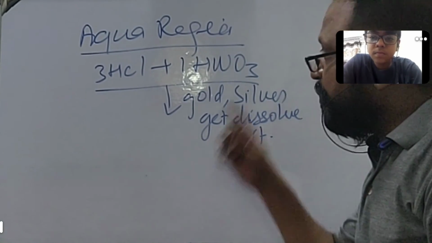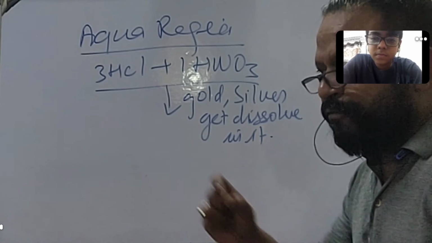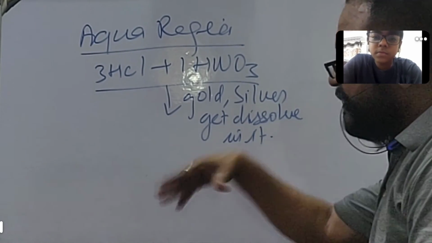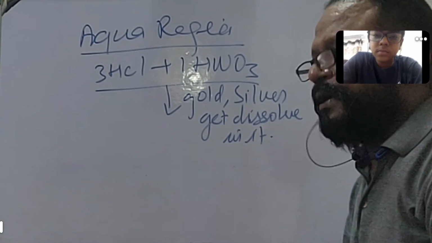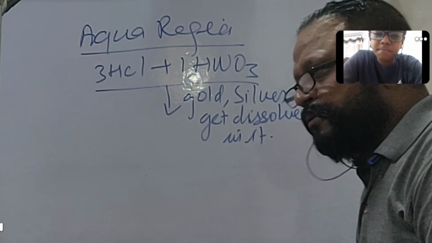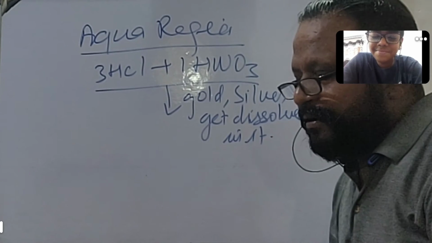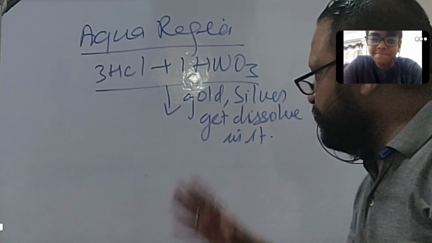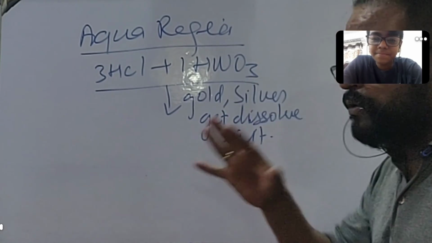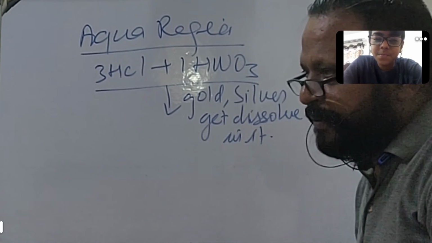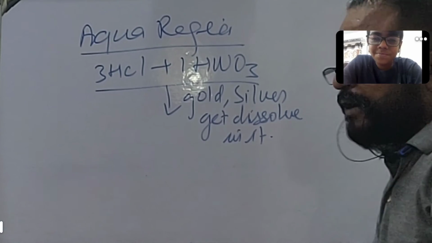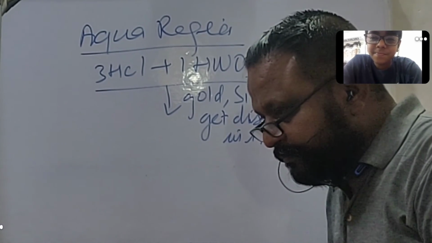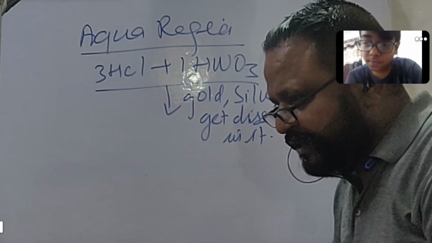If you ask for the water of that washing, he will never give it to you, because they can extract gold back from that. So this is the wonder liquid aqua regia. And gold and silver, which do not dissolve or react in general, react with this. Okay, these were the uses of HCl.